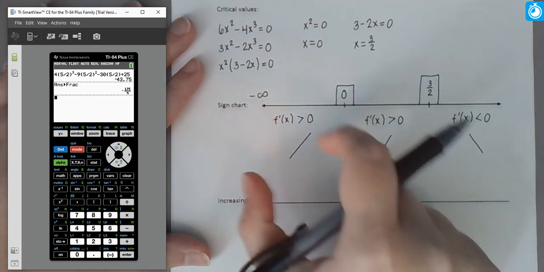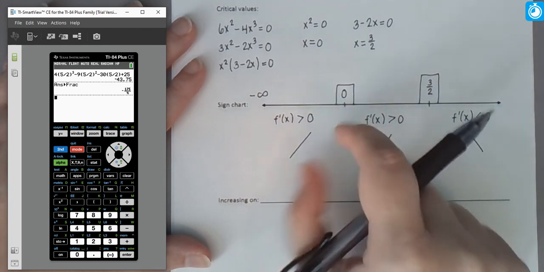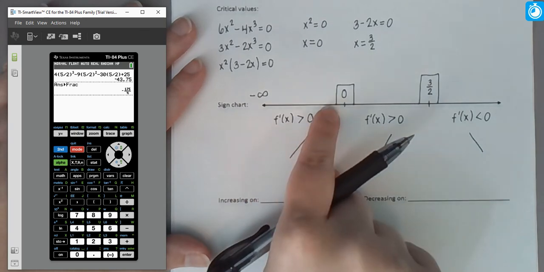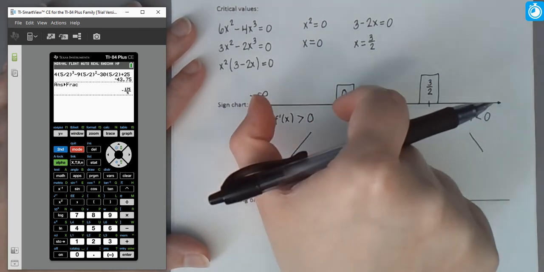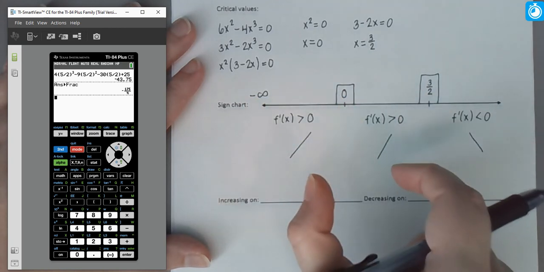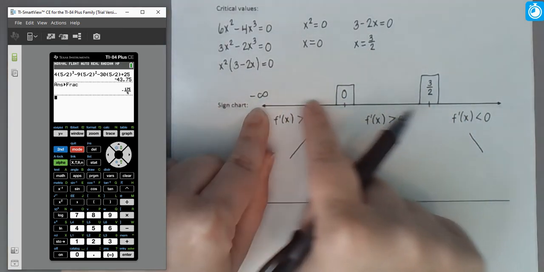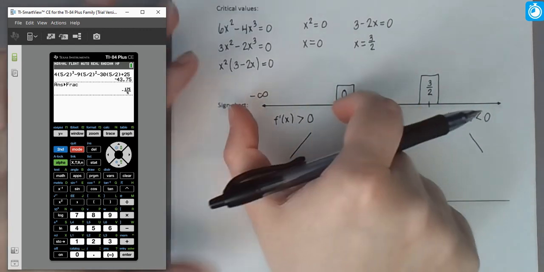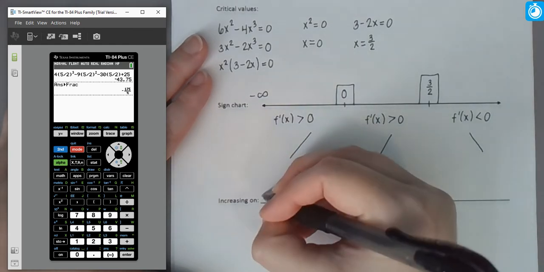So that's a little gap in these two intervals. At this location, we are not increasing. We're increasing over values to the left, and we're also increasing over values to the right. So we have two separate intervals where we're increasing. We can't join them together and say we're increasing over this whole interval. We have two separate intervals broken up around that critical value.